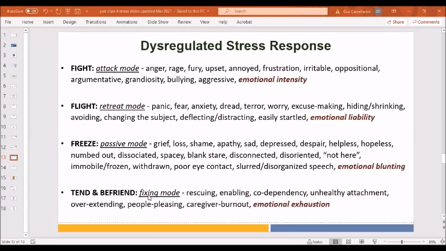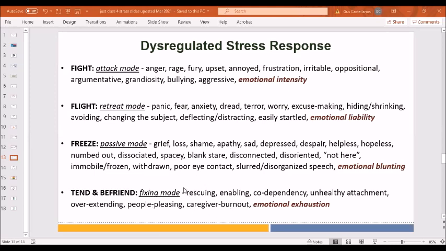And then finally, in the tend and befriend response, it can be overactive. And this is what we see very commonly in my classes, in these MBSR classes all along, from day one many years ago. We go into what's called fixing mode. And fixing mode is that rescuing, enabling, wanting to help everybody else, people pleasing, and the caregiver burnout.